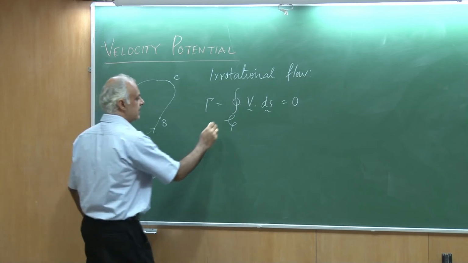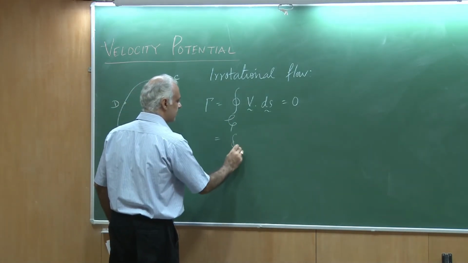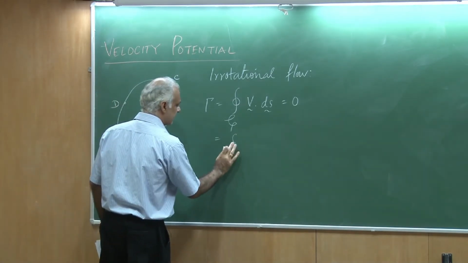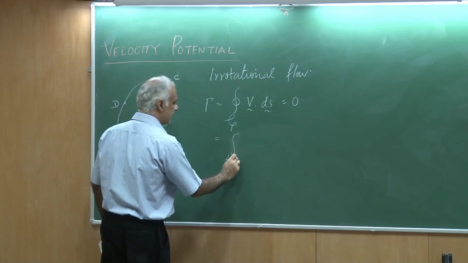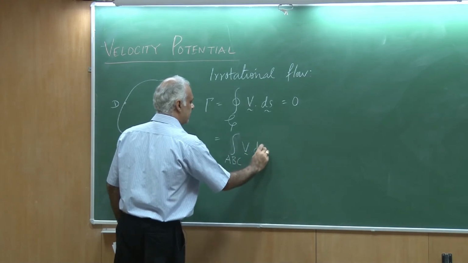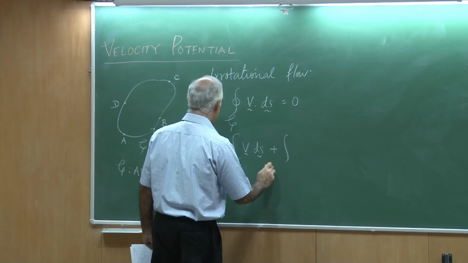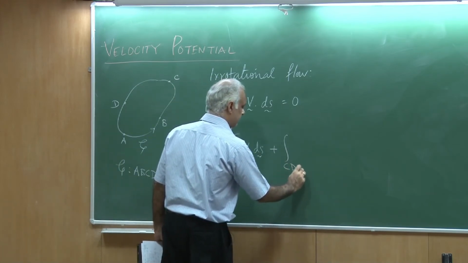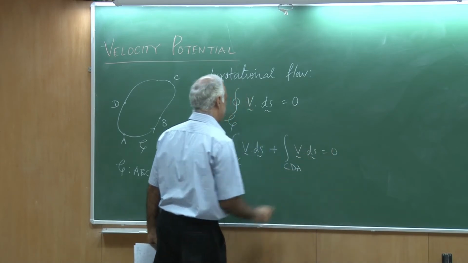What I will do is, I will decompose this integral into two parts, from A through C. So now it is not a closed curve. So, it is an integral over A, B, C of V dot ds and then integral over C, D, A of V dot ds, and this sum is 0.